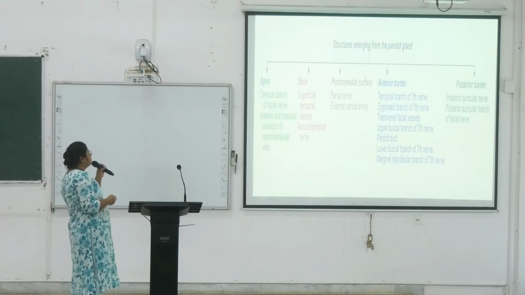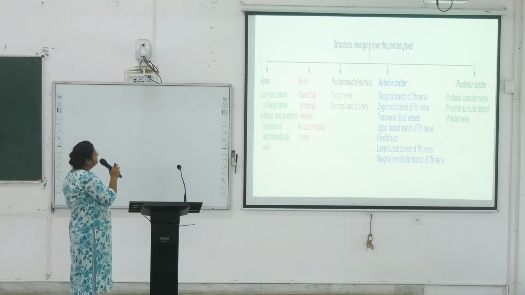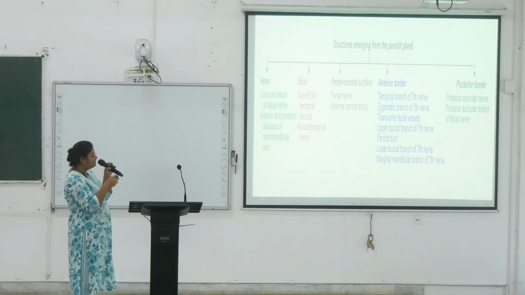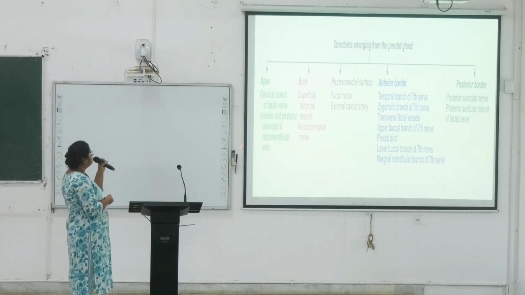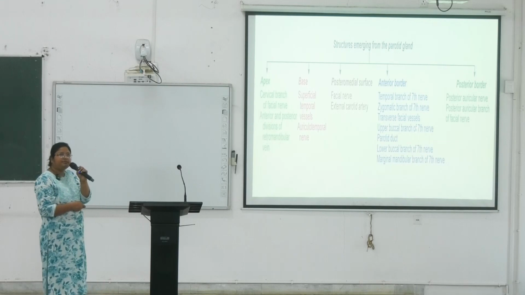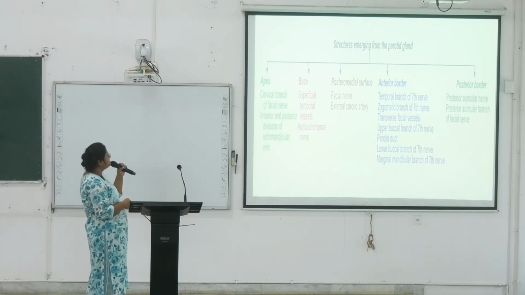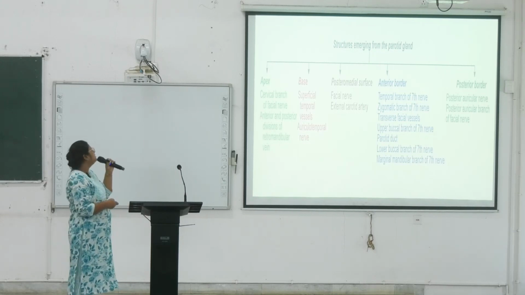So these are the structures emerging from the parotid gland. Near the apex there is cervical branch of facial nerve, anterior and posterior division of retromandibular vein. From the base, superficial temporal vessels, auriculotemporal nerve.